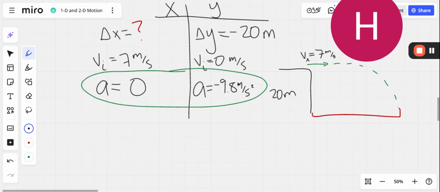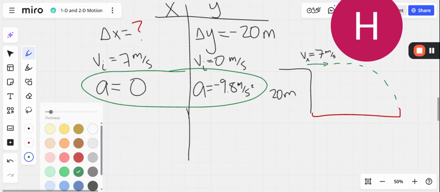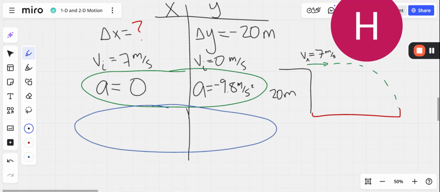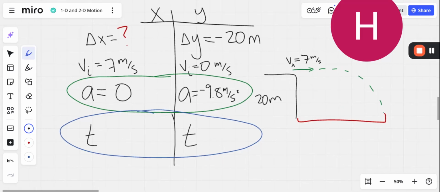And the glue, what do I mean by the glue? The glue, which connects these 2 dimensions of motion, both the horizontal and the vertical, is time. So time will be the same across both dimensions, which makes sense. Even though this object is moving horizontally at first, it starts moving horizontally and vertically as it falls, and then it finally hits the ground.